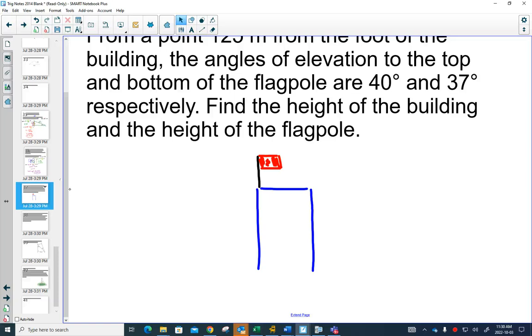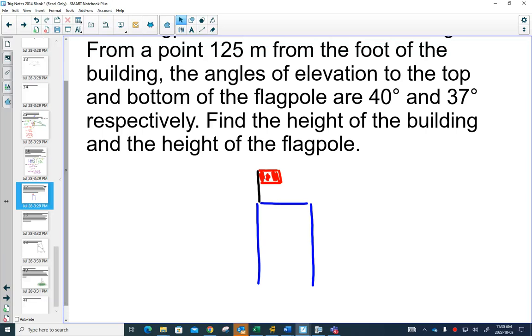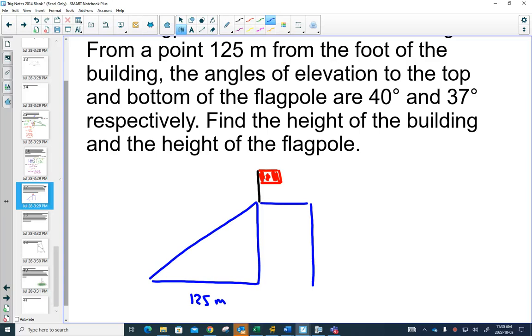And it says that from a point 125 meters away, so we go out 125 meters, the angle of elevation to the bottom of the flagpole and to the top of the flagpole are 37 and 40 degrees.